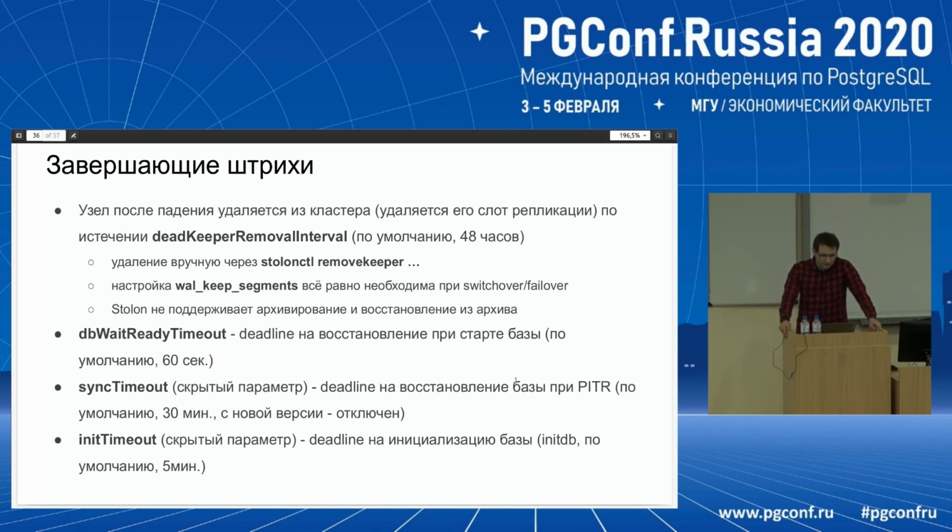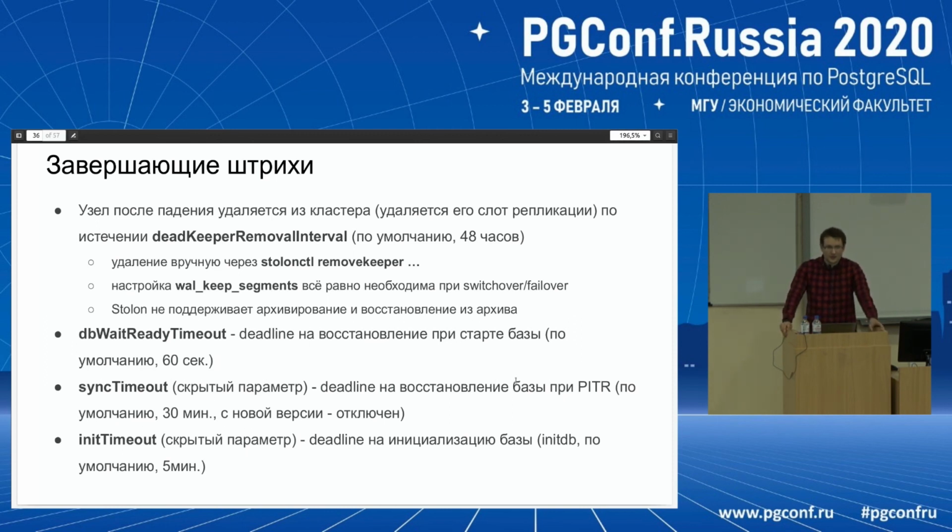If checkpoints are far apart, this deadline is just too optimistic. Sync timeout is even more interesting because this is the deadline on database recovery. 30 minutes by default. If you have a 1 terabyte database, it can take up to several hours to recover your database. And this parameter will be disabled starting from the new version.